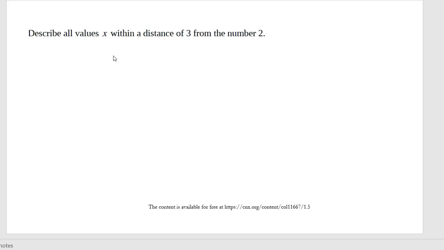Describe values of x within a distance of 3 from number 2. So we can pause the video and try to solve this one. So we want to describe numbers 3 units far from 2. So 3 units right, 3 units left, 5 and negative 1.